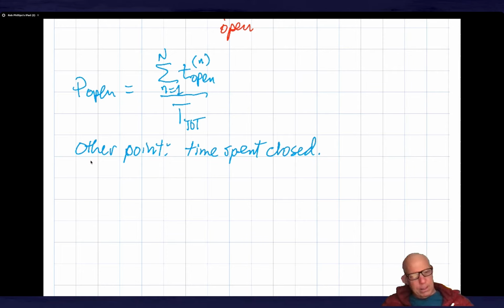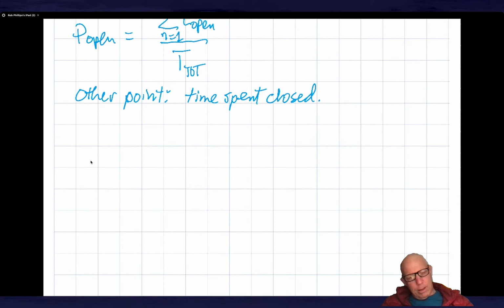And I would basically make a histogram of the time spent in the closed state. And the thing I'm going to ask right now is what kind of hypothesis might I be able to write for this process? So the way I'm going to represent this is through a kinetic scheme.